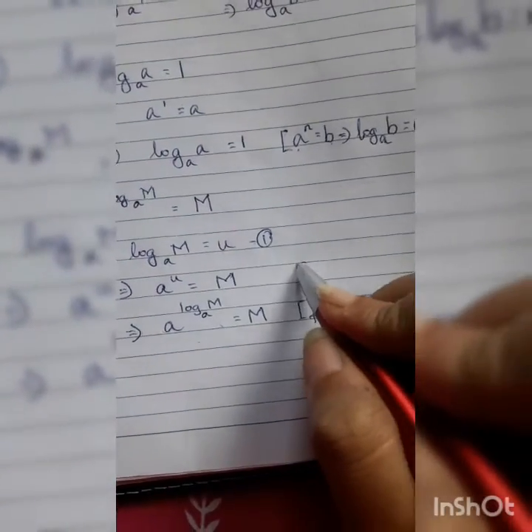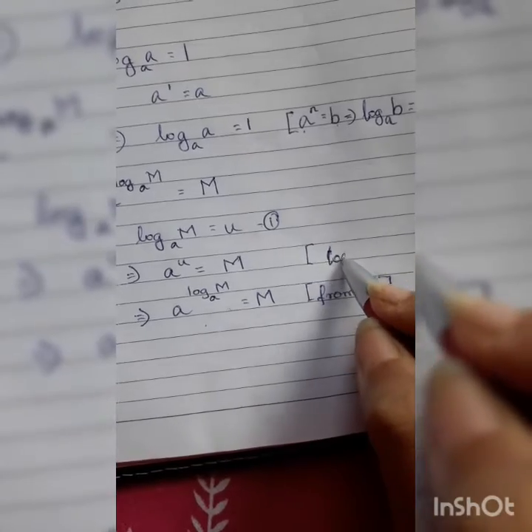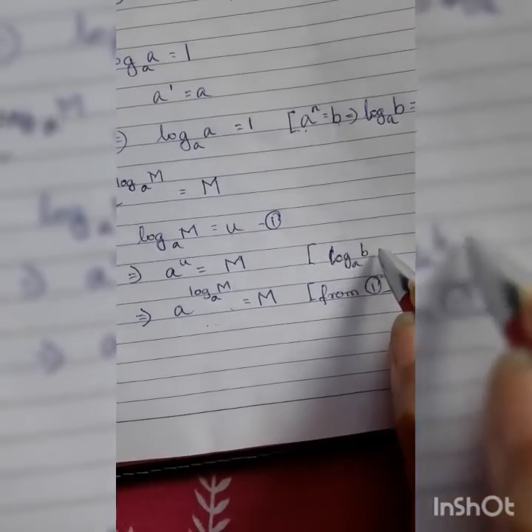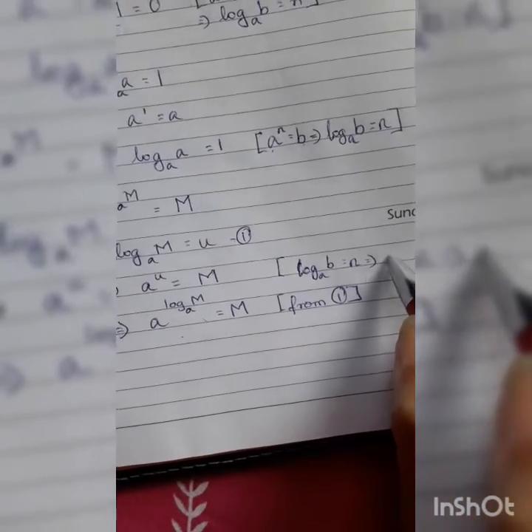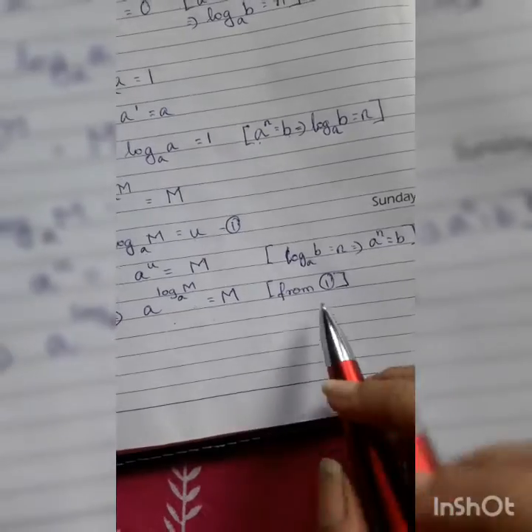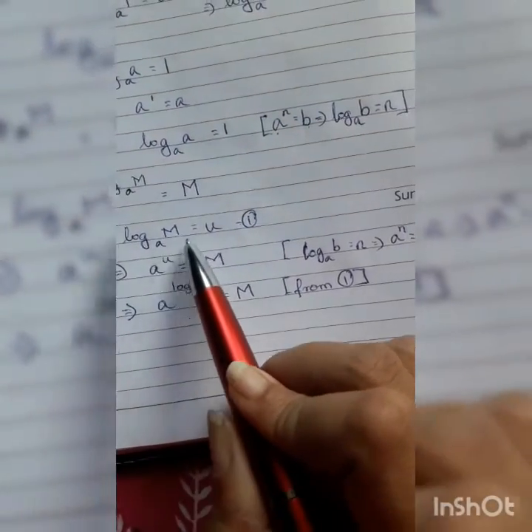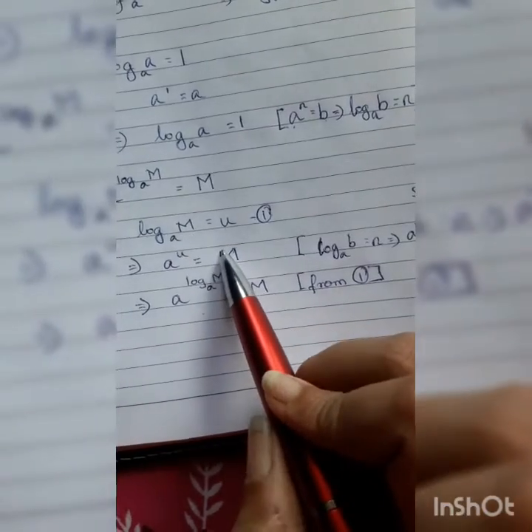Why? Because in the definition of logarithm we have, if log b to the base a equals n, it means that it is coming from a to the power of n equal to b. This you already know. So I will write a to the power of u equal to m.